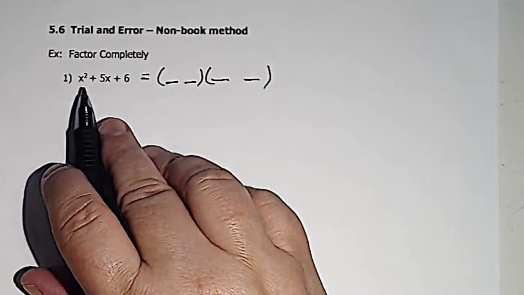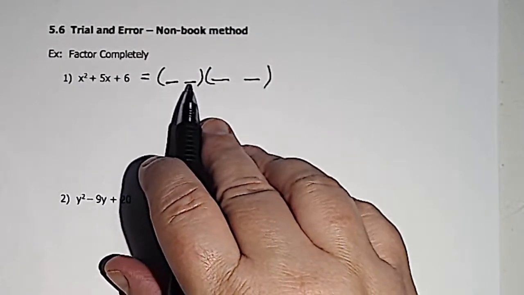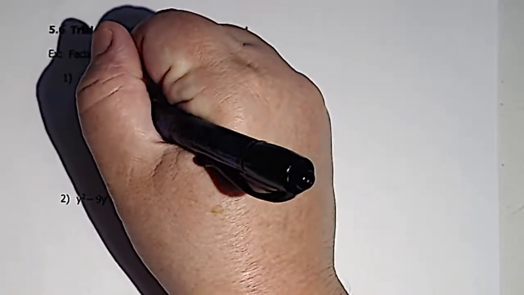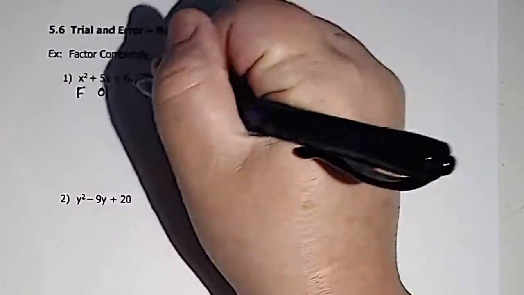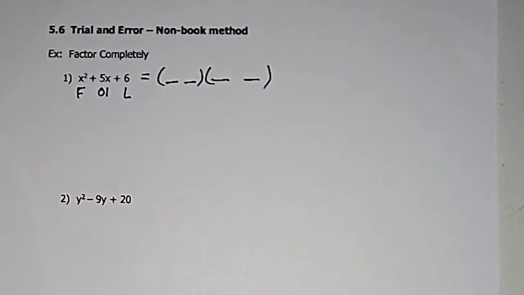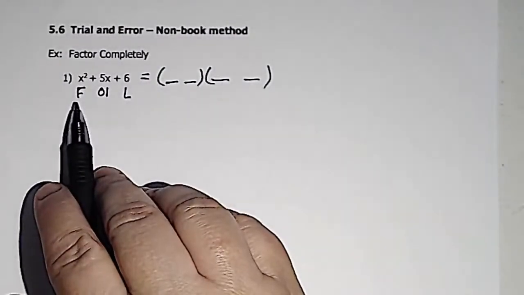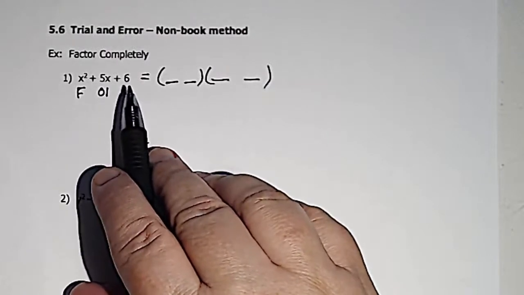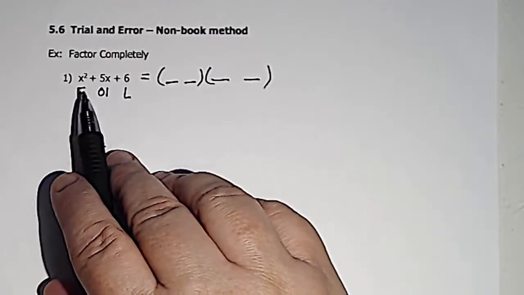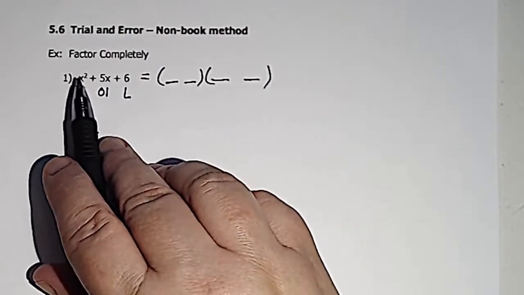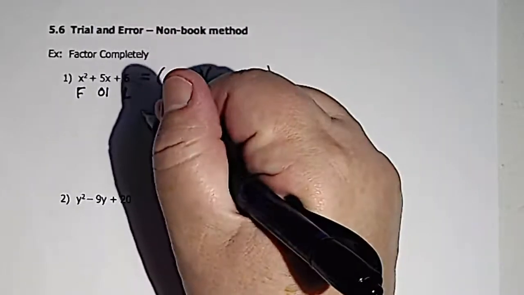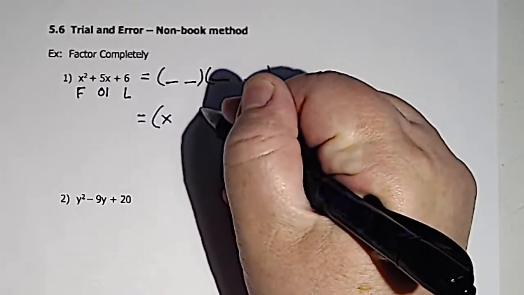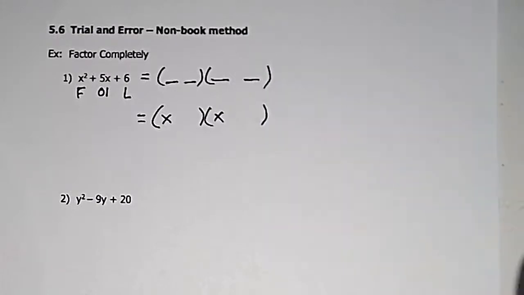I'm using the fact that if it's two binomials, this will be the F, this will be the O and I, and this will be the L. So this will be the first, these are the two middle terms that add together, and this is the last. Starting off, I've got x squared, so that tells me I must have an x in each position, right?